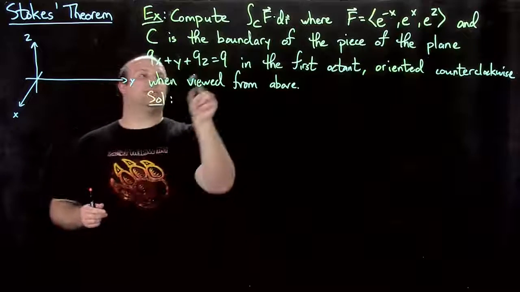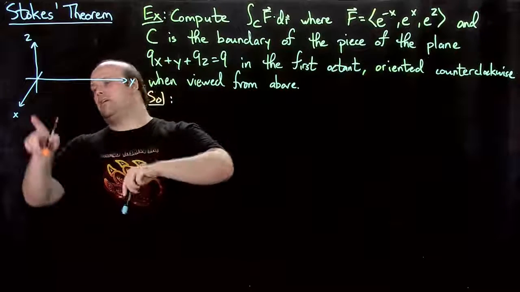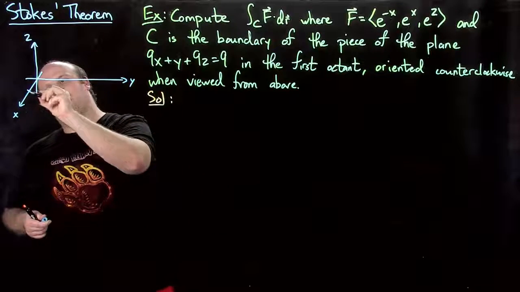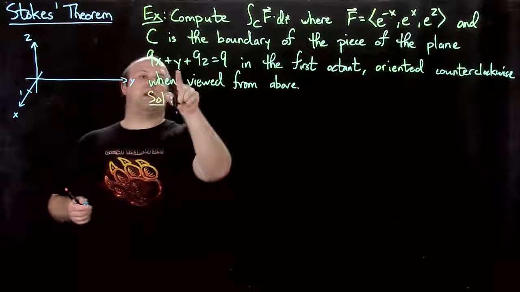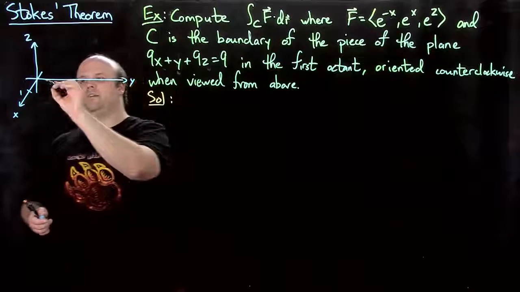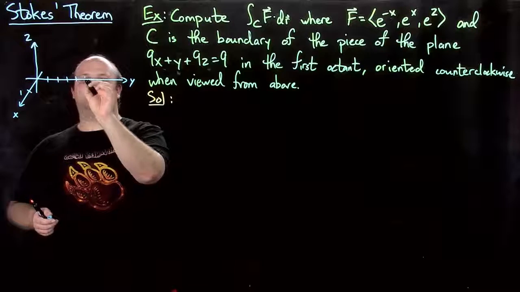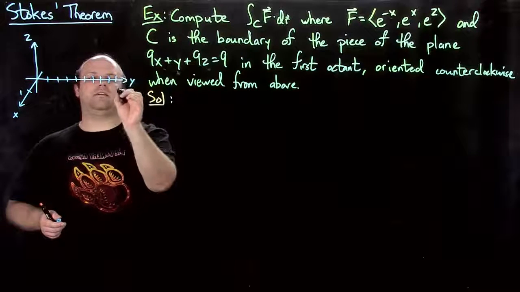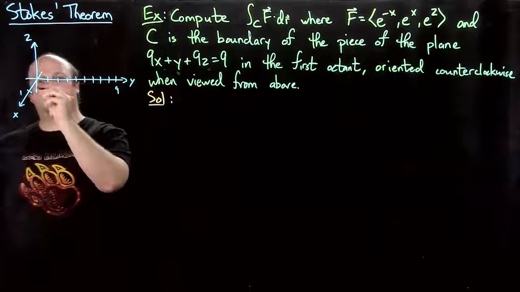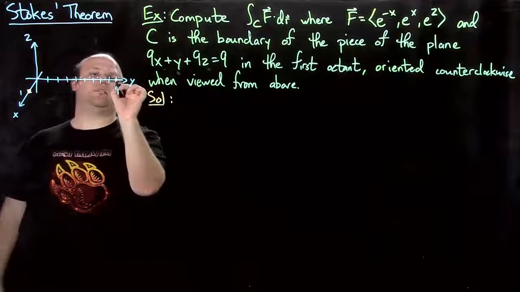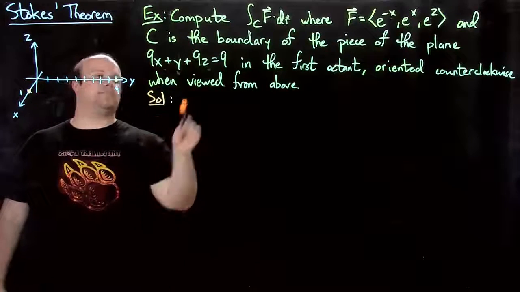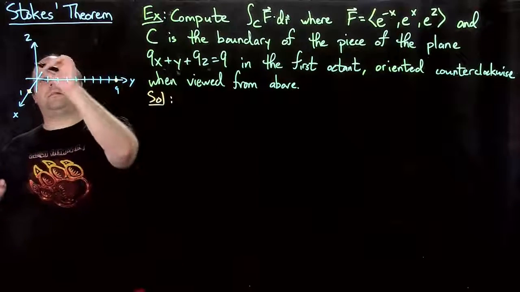On the x-axis, if y and z are 0, then x is 1. On the y-axis, if x and z are 0, then y is 9. So 1, 2, 3, 4, 5, 6, 7, 8, 9, a point out here. And on the z-axis, if x and y are both 0, then z is just 1.